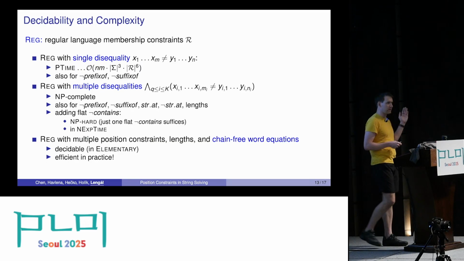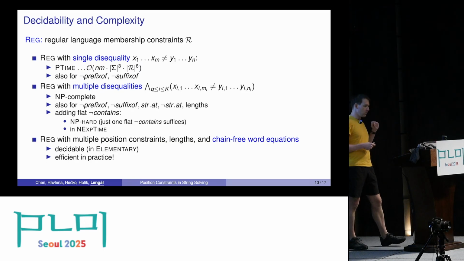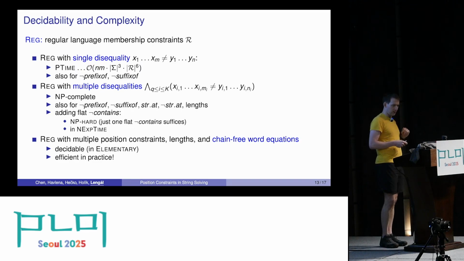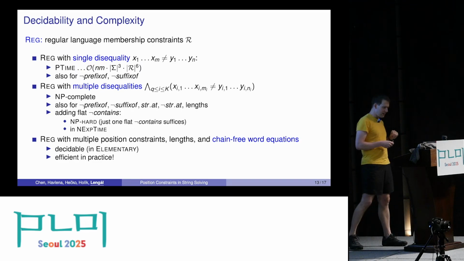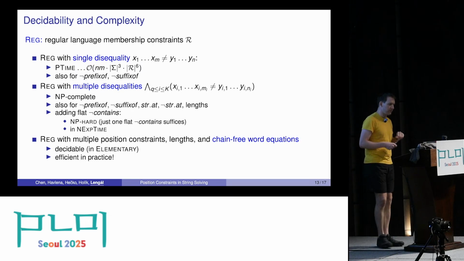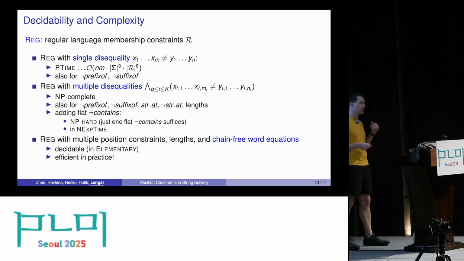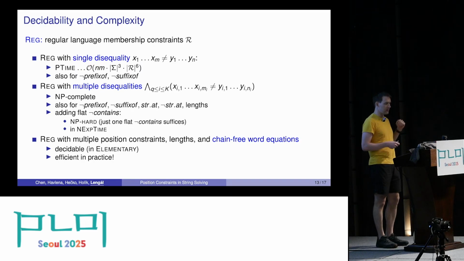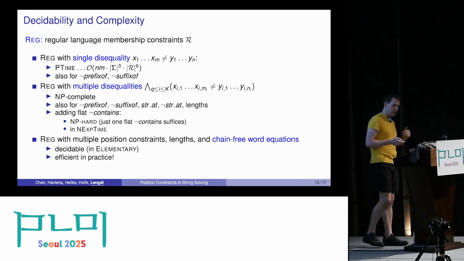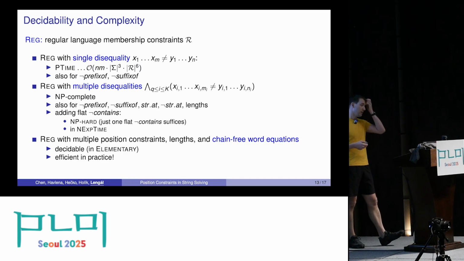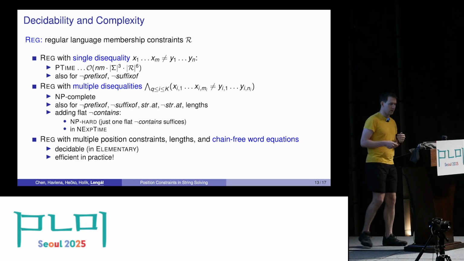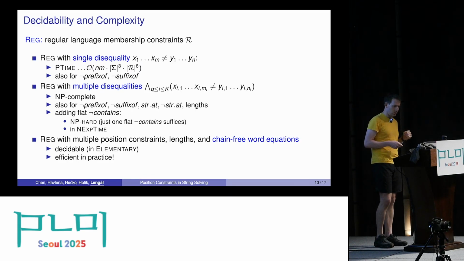This is because we start having universally quantified linear integer arithmetic formulae. And if we also put there word equations, which are chain-free, which is some very interesting fragment for which many things are decidable, we still get a decidable fragment where the decidability is in elementary, but it is not a lower bound.